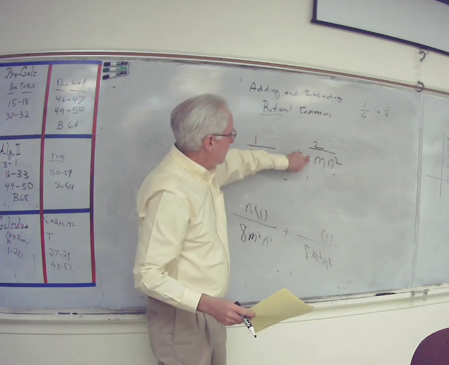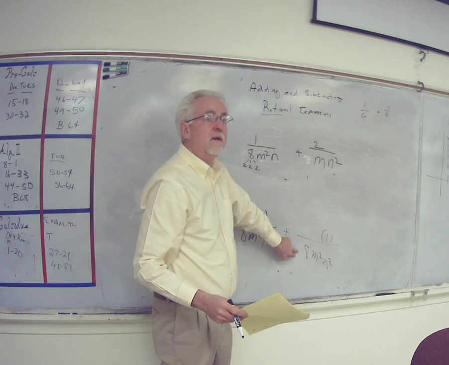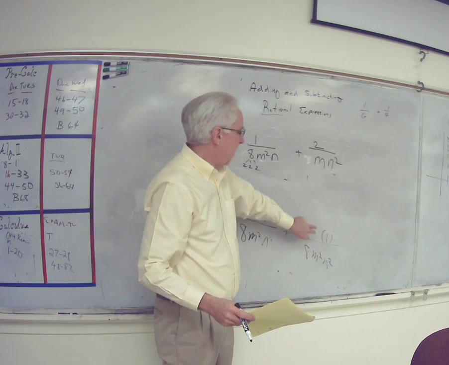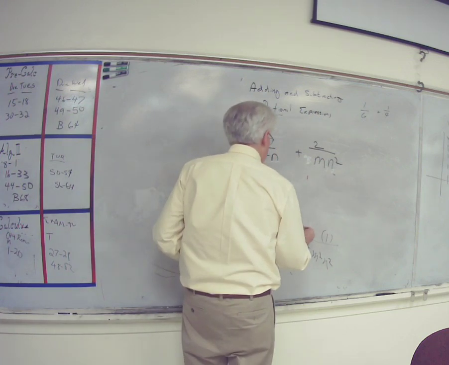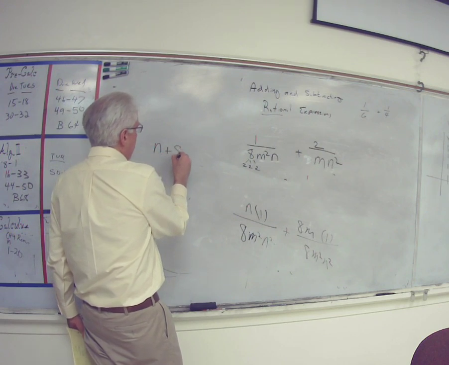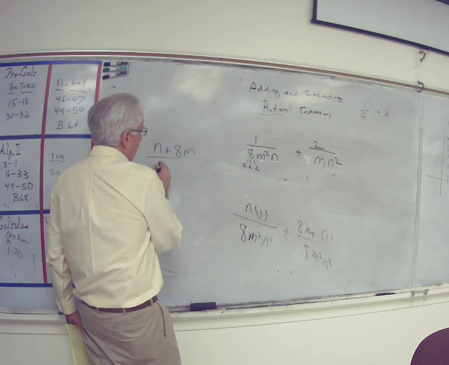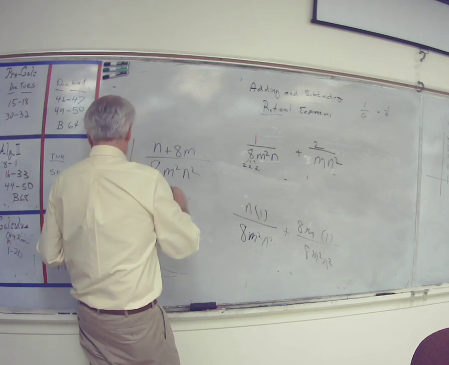What did I multiply this denominator by to get this? 8m. So what do I have to multiply the numerator by? 8m. Got it?